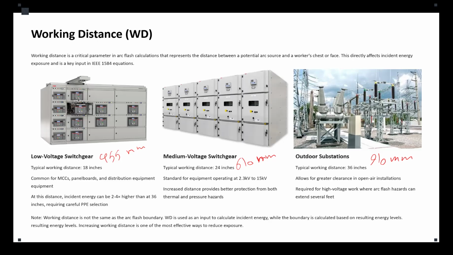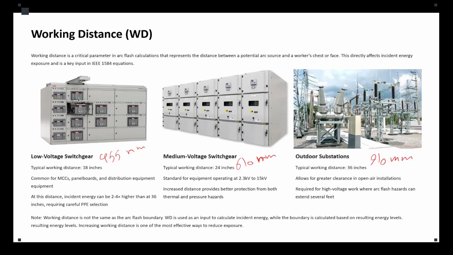It allows greater physical clearance, and the arc energy tends to dissipate in all directions. Especially with vertical open air configurations, the calculated incident energy is often much lower, and in some cases arc rated PPE may not be required when you're working beyond the arc flash boundary.